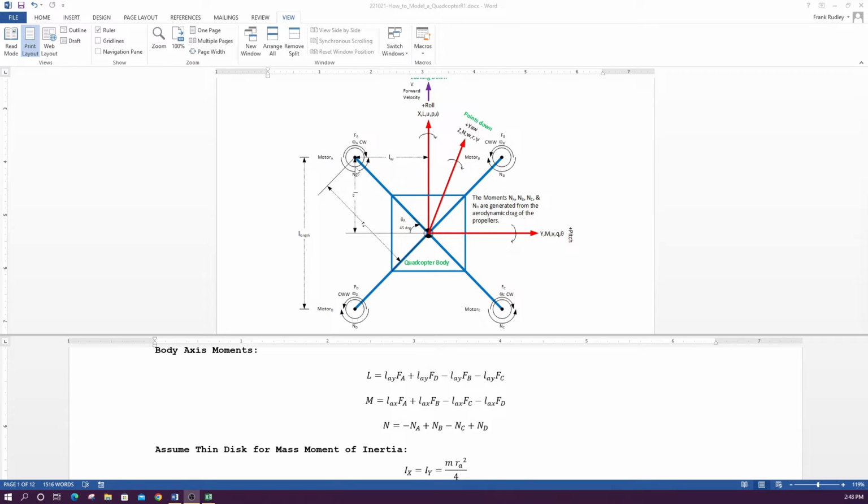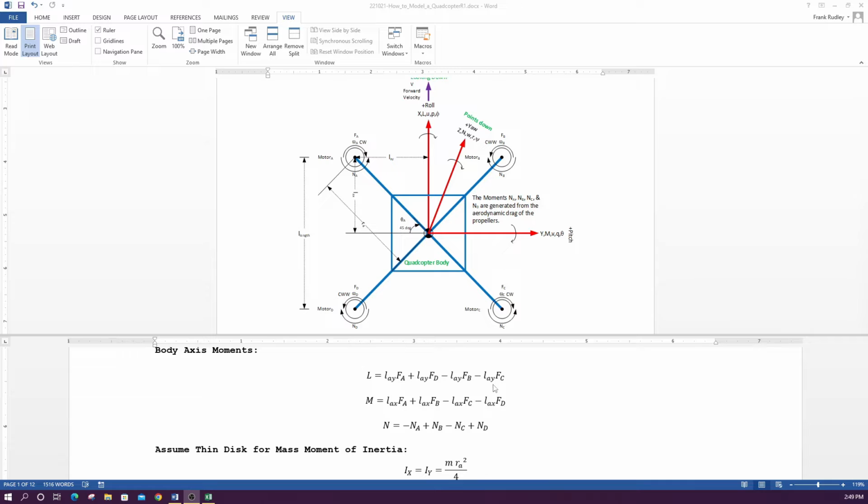So if we took this distance here, LAY, and this is the force that's coming out of the page, say the force vector, and we sum up the moments: the force of A times this crank arm plus the force of D times that crank arm, minus the force of B times the crank arm and minus the force of C times the crank arm. That would give us our roll moment.